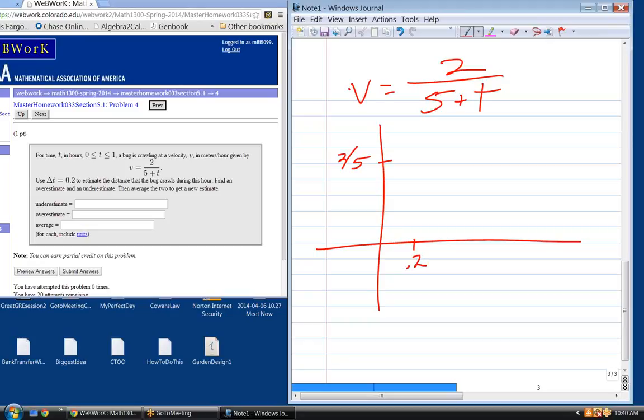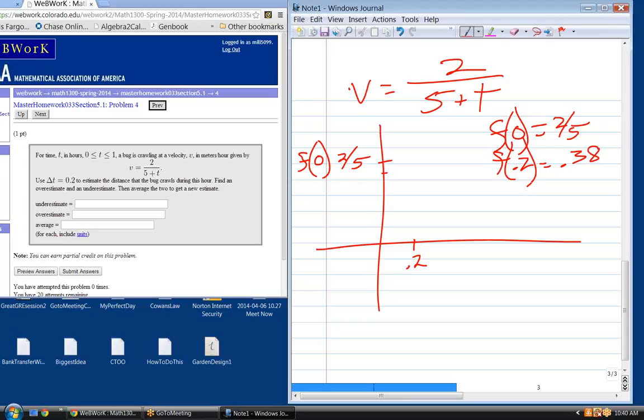So at 0.2, this would be f of 0. So let's list these. f of 0 equals 2/5. f of 0.2 equals what on your calculator? 5 plus 0.2, 2 divided by 5.2. 0.38.